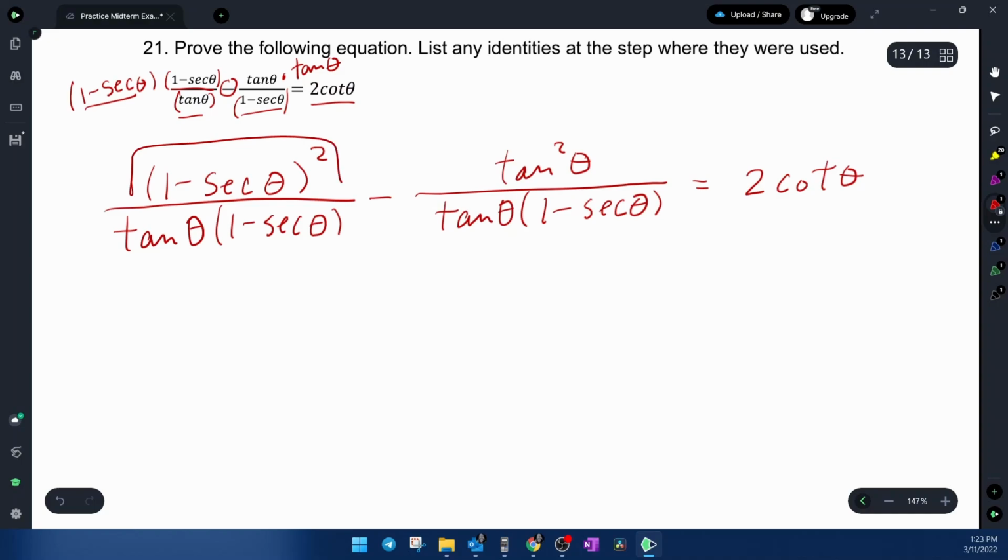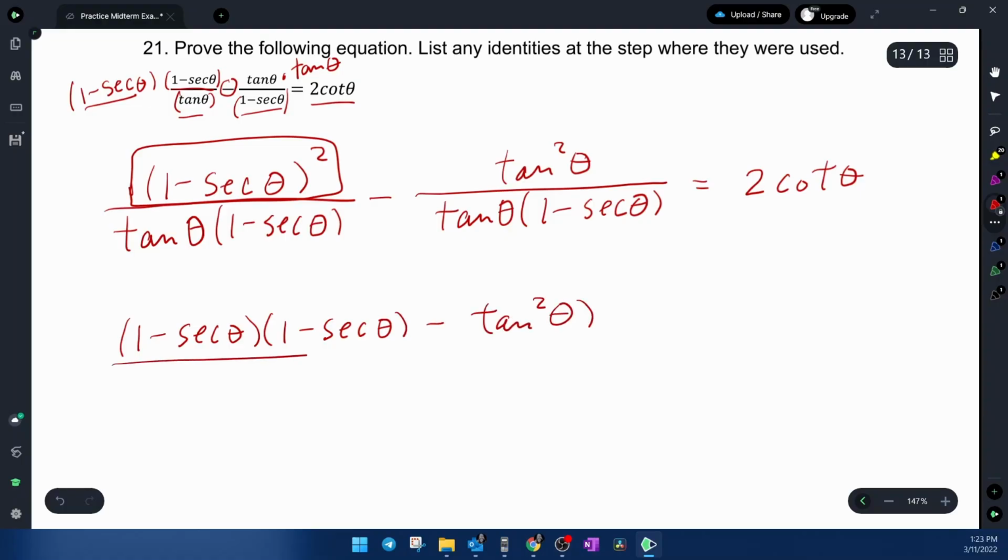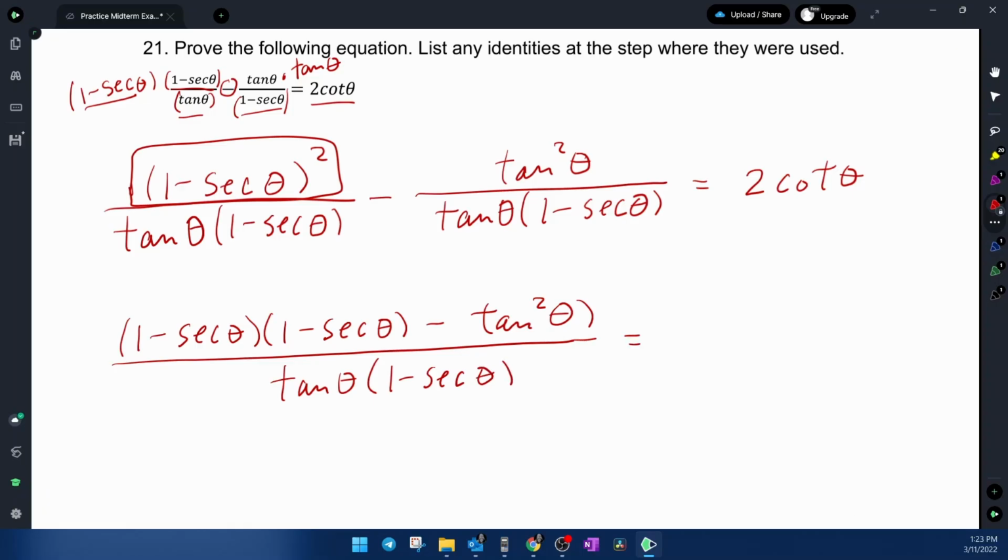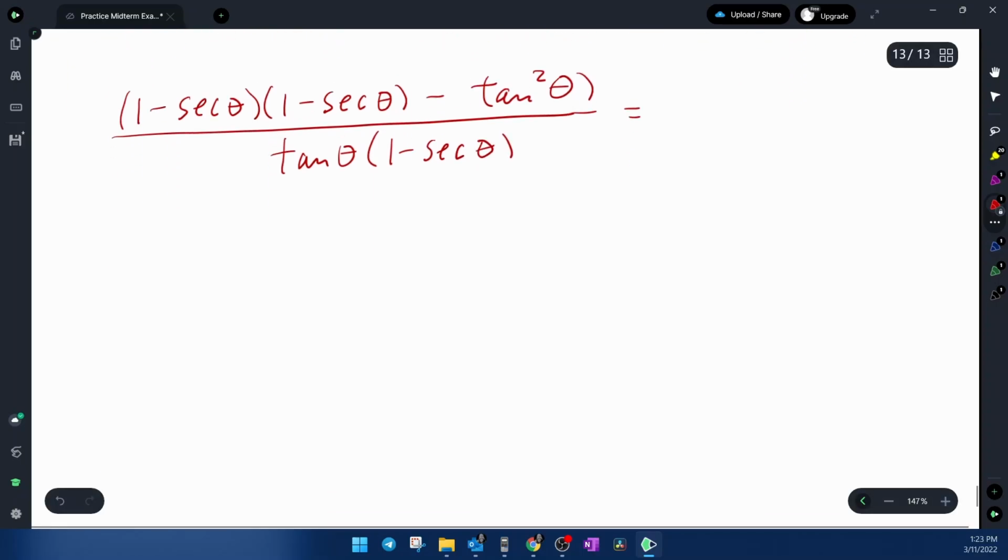And this right here is going to need to be multiplied. So I'm going to express that as 1 minus secant theta times itself minus tangent squared theta all over the common denominator of tangent theta times 1 minus secant theta. And you do not have to keep writing this on the right-hand side.